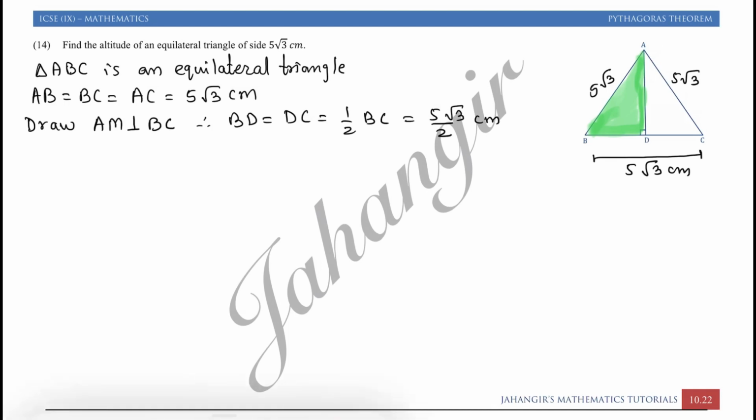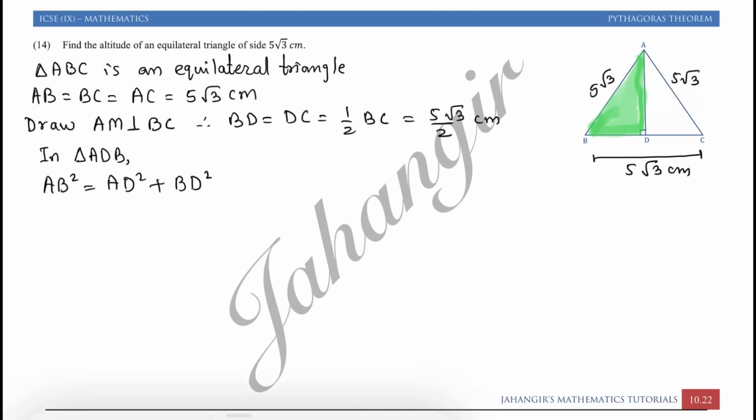We can take triangle ADB. Hypotenuse is AB. AB square is equal to AD square plus BD square. We have to find the altitude. Okay, take altitude as D. Wait.